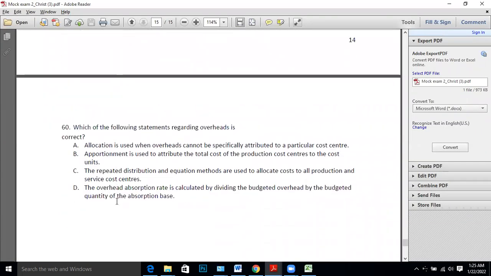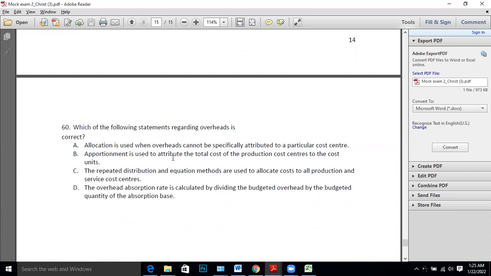The last one, question 60. Which of the following statements regarding overhead is correct? Allocation is used when overheads cannot be specifically attributed to a particular cost center. No, that is apportionment. Apportionment is used to attribute the total cost of production cost centers to the cost units. No, that is absorption. The repeated distribution and equation methods are used to allocate cost to all production and service cost centers.